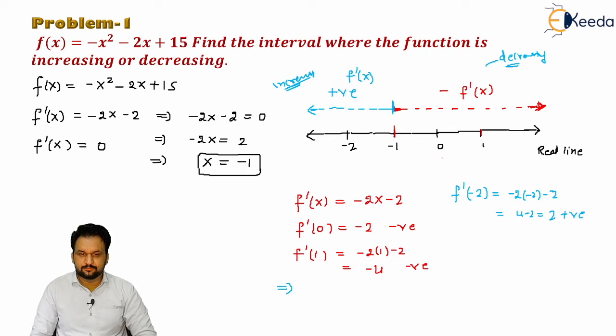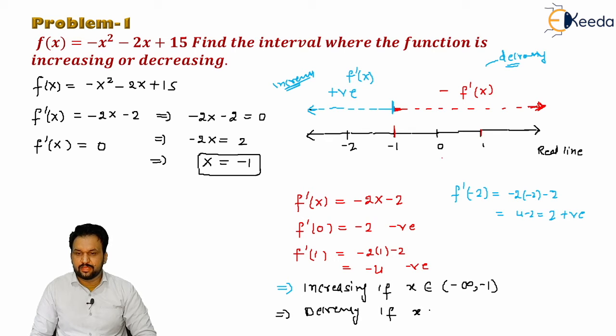Easily we can write that the function will be increasing if x belongs to minus infinity to minus 1, like up to minus 1, this complete function will give you an increasing gradient or positive gradient. Or if we are talking about the decreasing function, this function will start to decrease if x belongs to minus 1 to infinity. Am I right here? So after minus 1, this function starts to decrease, and before it the function is increasing.